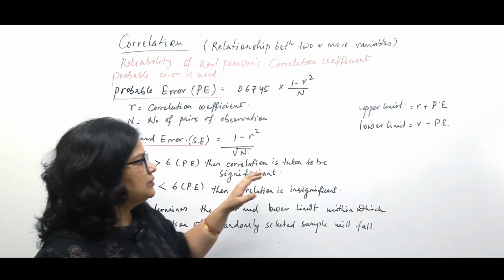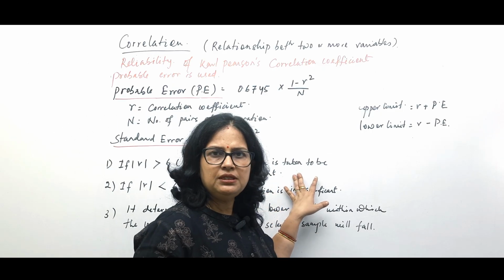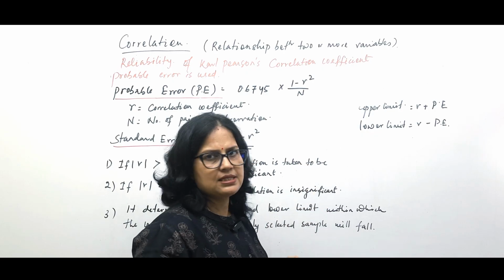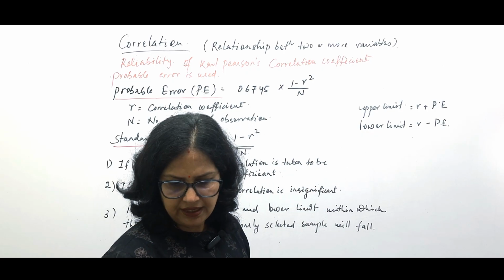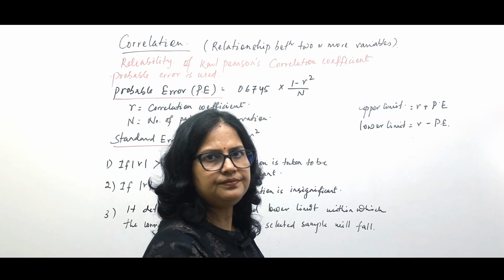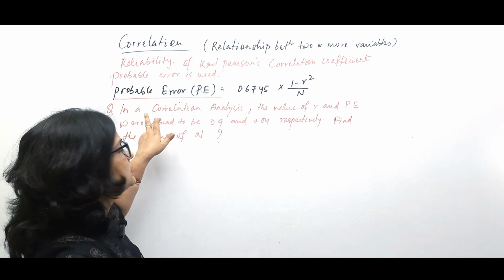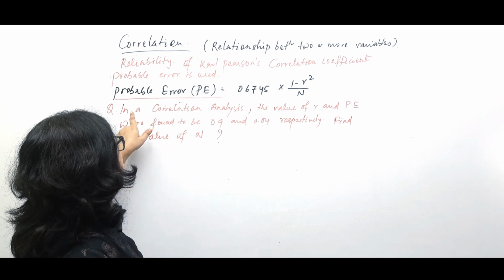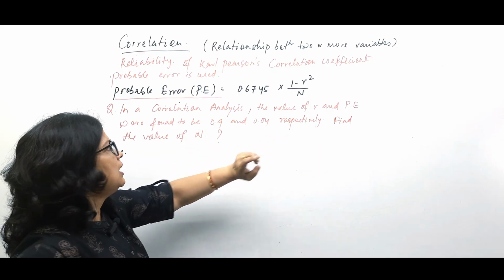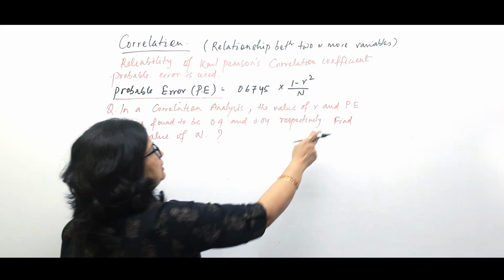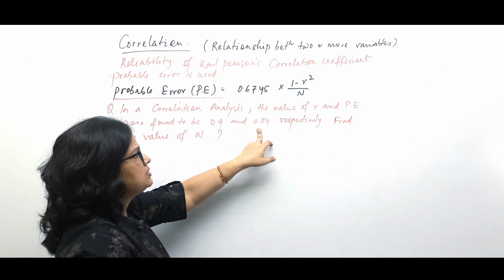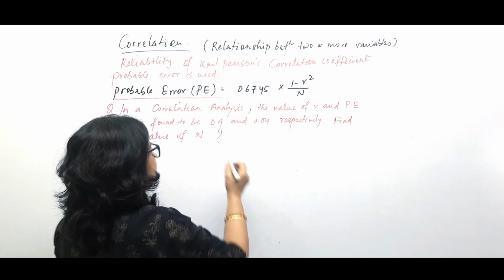This is a question from the BPUT exam. Let me write the question and we'll discuss. In a correlation analysis, the value of r and PE, the probable error, were found to be 0.9 and 0.04 respectively.